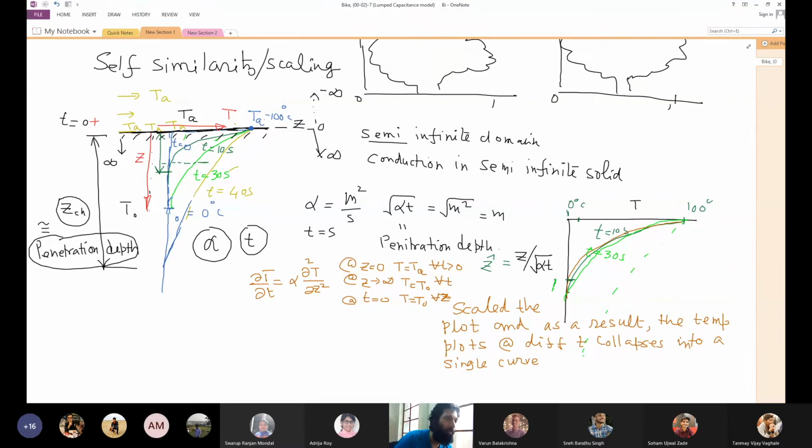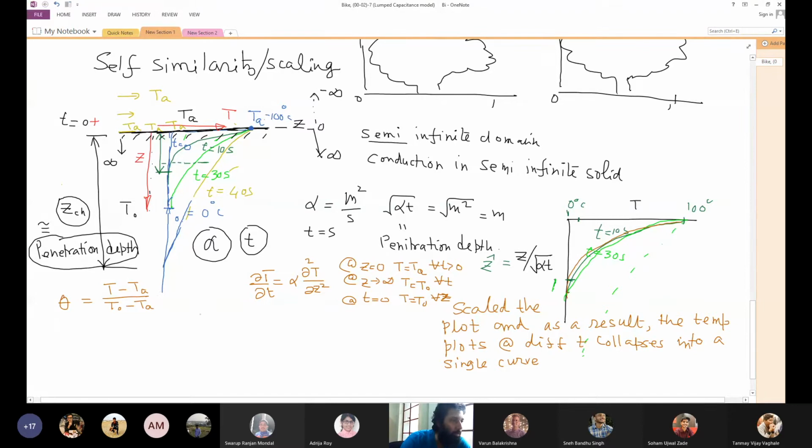So we cannot do that, but we can non-dimensionalize this T by using theta. So we can define theta equals to T minus Ta over T0 minus Ta.